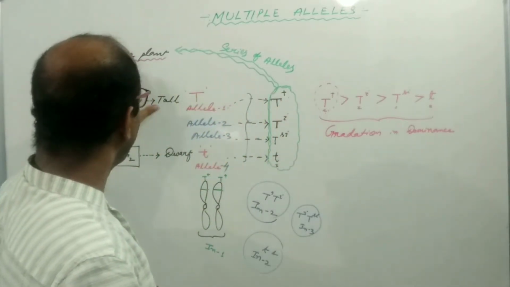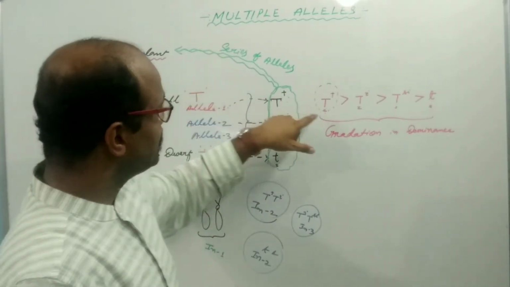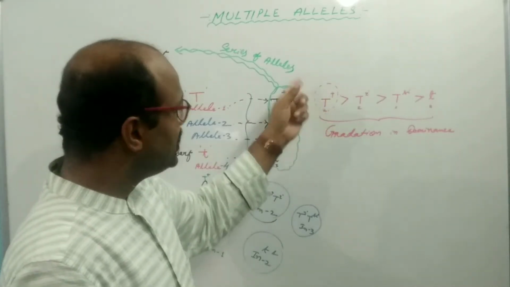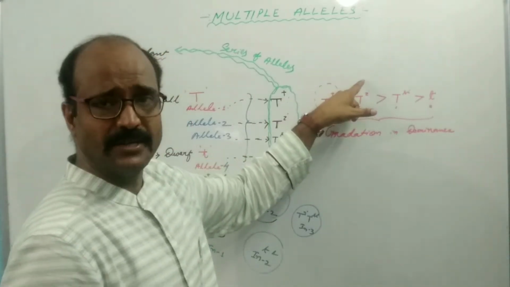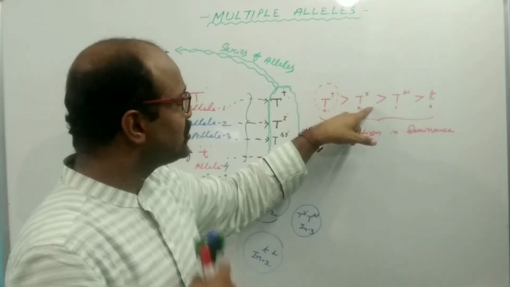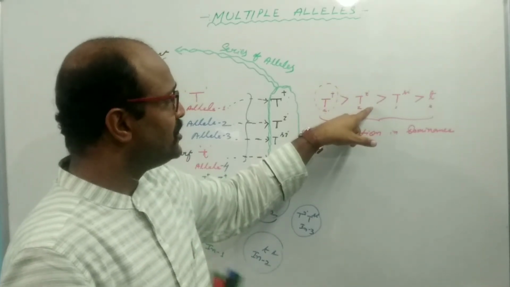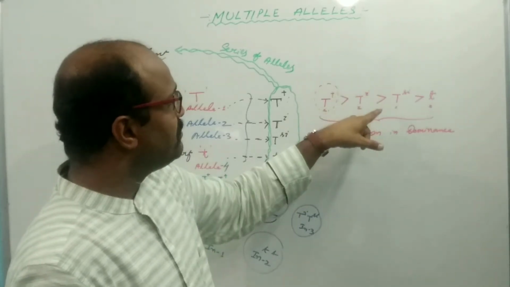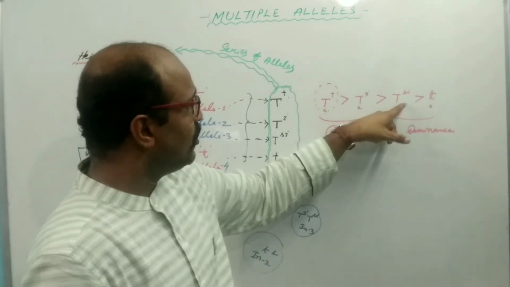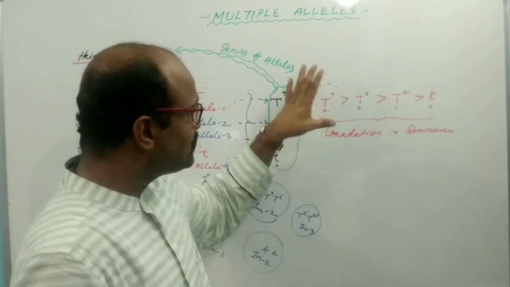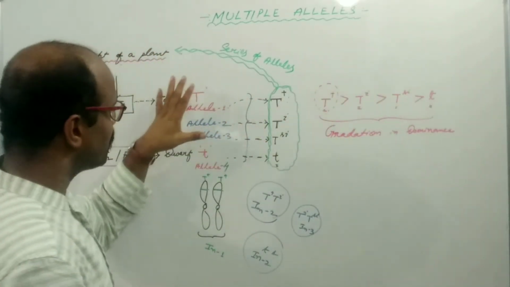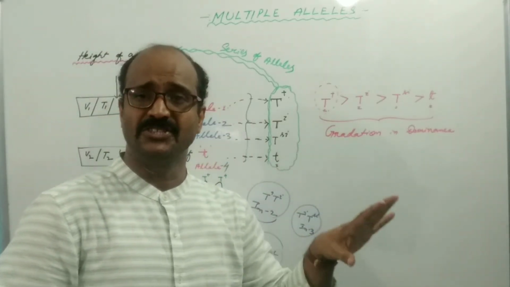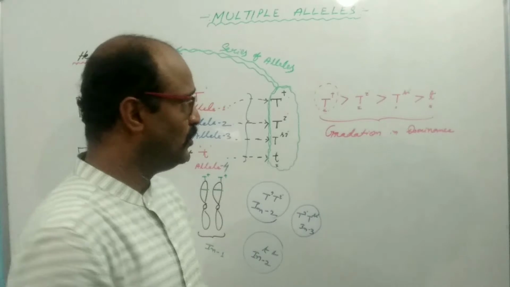Suppose in case of height of a plant, this T plus, because of mutation, converts into Ti, and again generation after generation in due course of evolution, this Ti form mutates again and forms Tsi. So these series of alleles are formed or evolved because of mutation in due course of evolution.